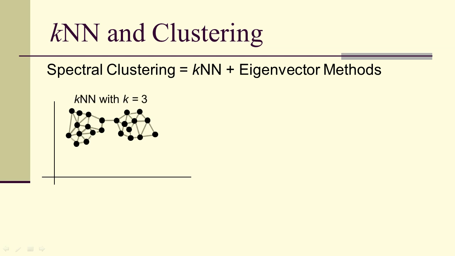So let's suppose we had this data set and we connect it with a k equals 3 k-nearest neighbors graph. Now the eigenvector methods are what allow us to know which edges we can remove in order to obtain high similarity within and low similarity between. That gives us a clustering of the graph, and then we can drop the graph and we have a clustering of the data.